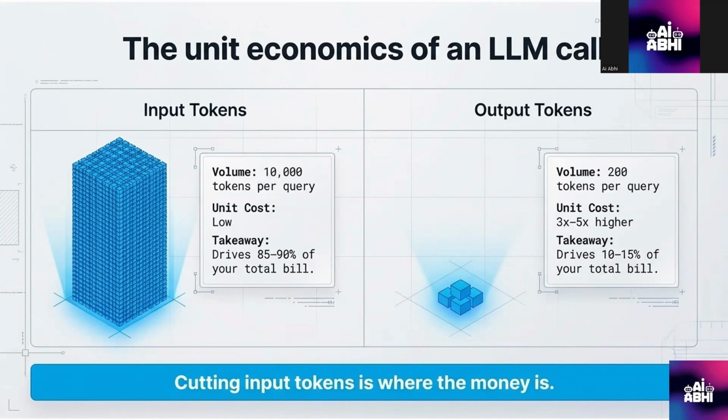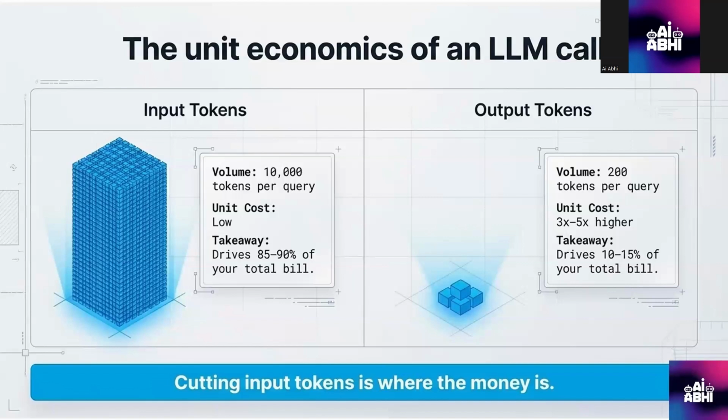Input tokens and output tokens are priced separately, and output tokens cost 3 to 5 times more than input tokens per unit. But here's what surprises most teams: input tokens dominate the total spend, not the outputs.